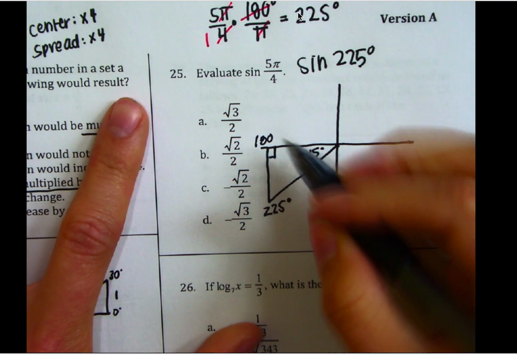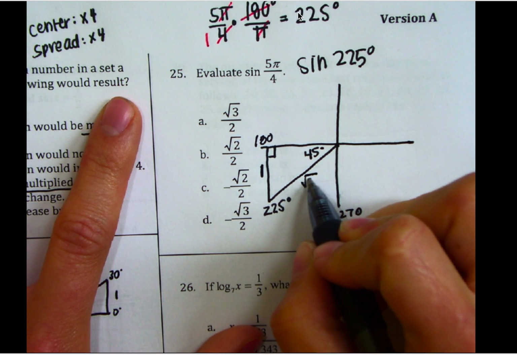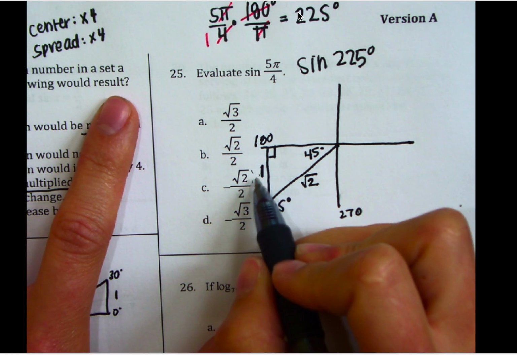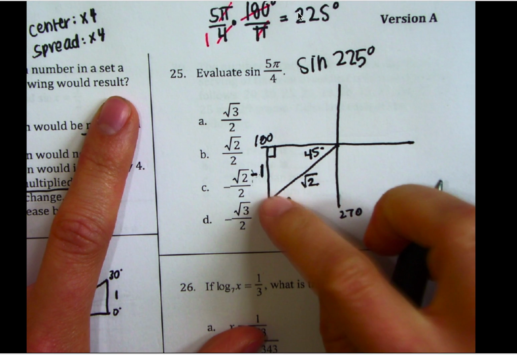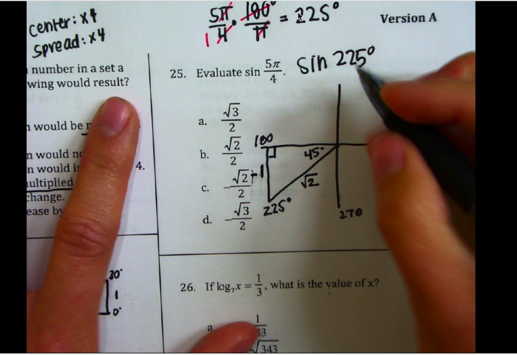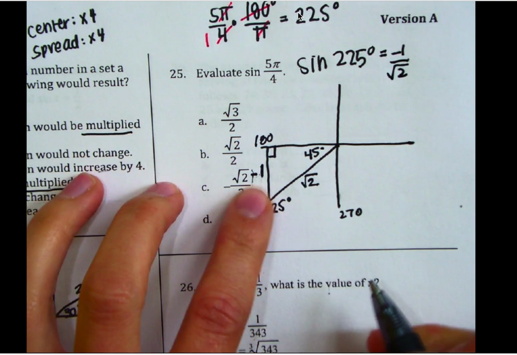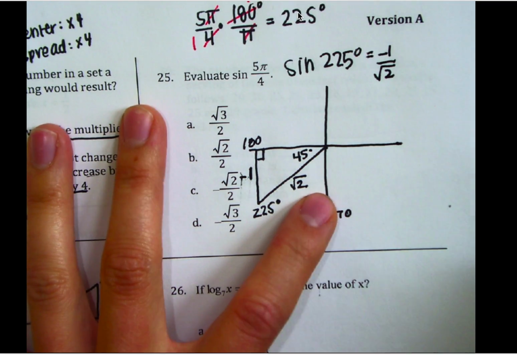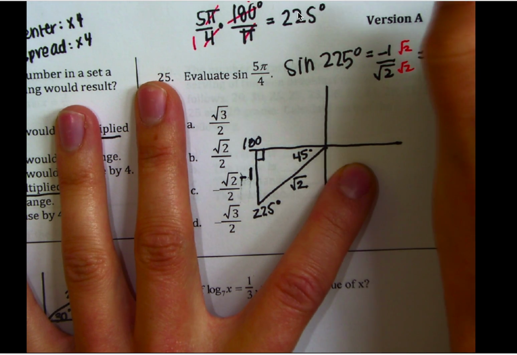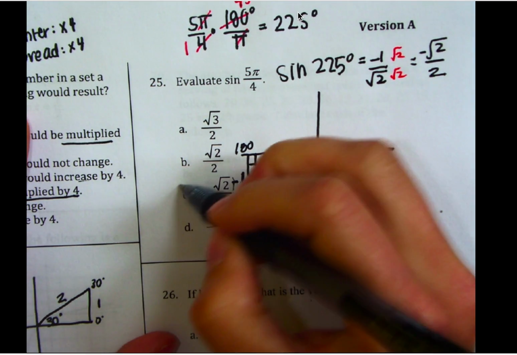So opposite of 45 is always going to be 1 with a hypotenuse of square root 2. But since I'm in the third quadrant, I know my sine is negative. This y value goes down negative, so that's why I know it's going to be a -1. So sine is opposite over hypotenuse, but we do want to rationalize by multiplying square root 2 to the top and bottom. So I get negative square root 2 over 2 for my answer.